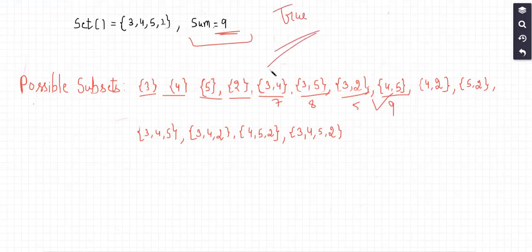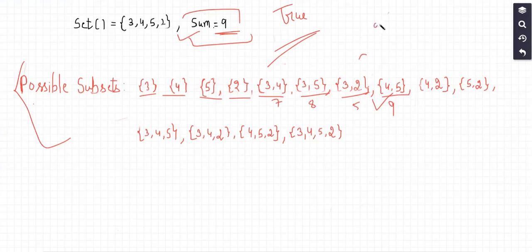So what is the approach that we are using to solve this problem? Here I'm basically building all the subsets and checking if the sum of each subset equals this sum or not. If even a single subset has sum equal to this target sum, then the answer would be true. Let's see how we can generate all the subsets.